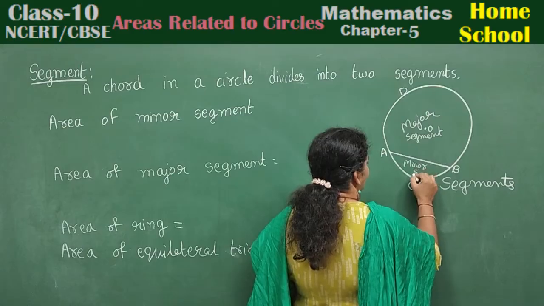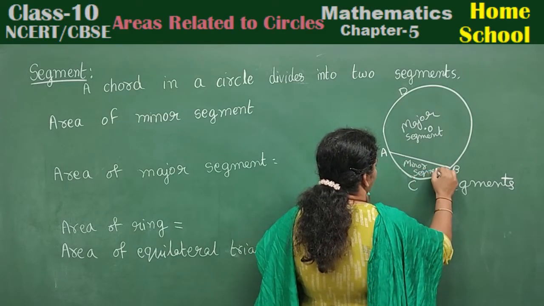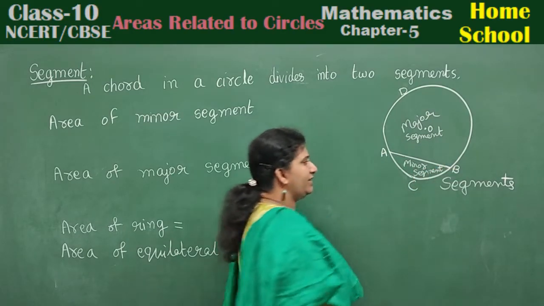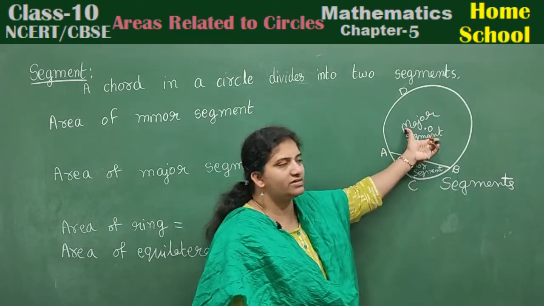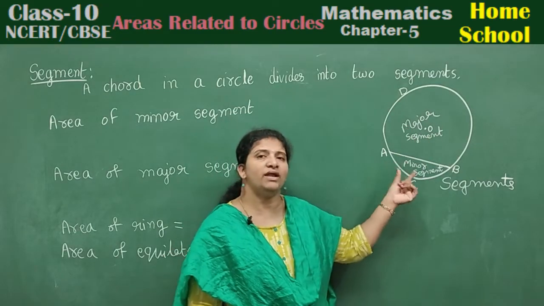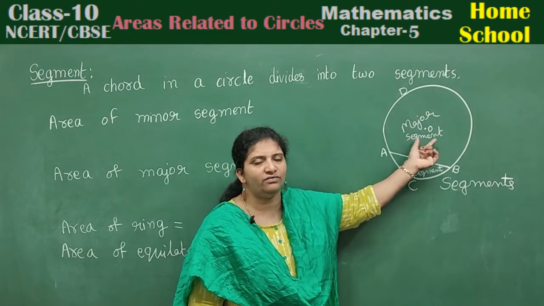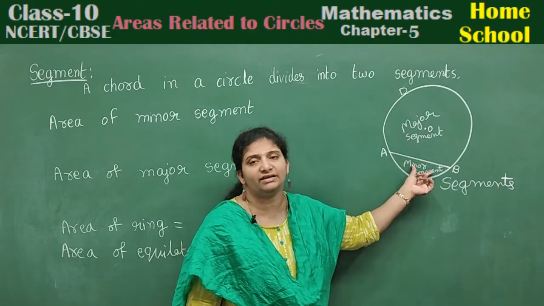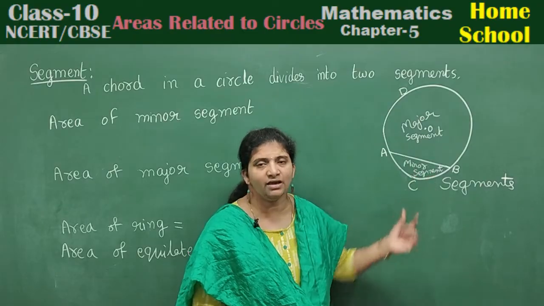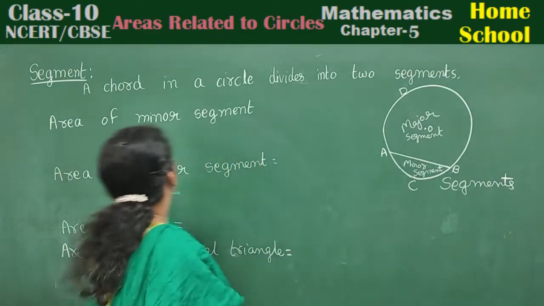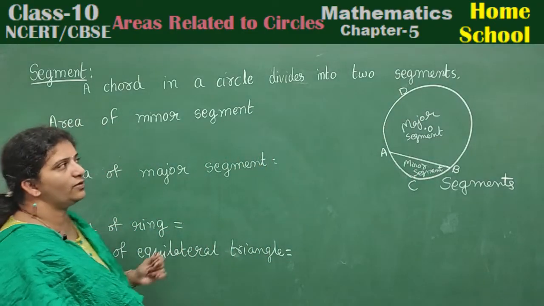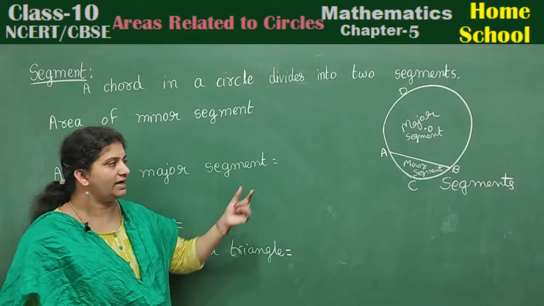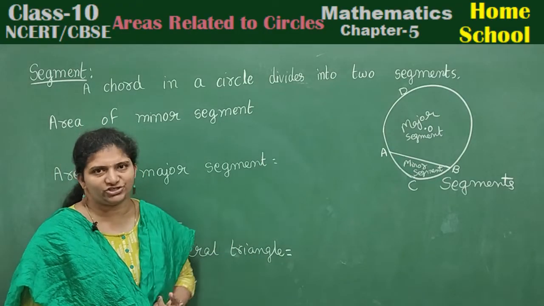The segment which includes the center we call a major segment, and the one which does not include the center is called a minor segment. A chord in a circle divides it into two segments, that is minor and major.